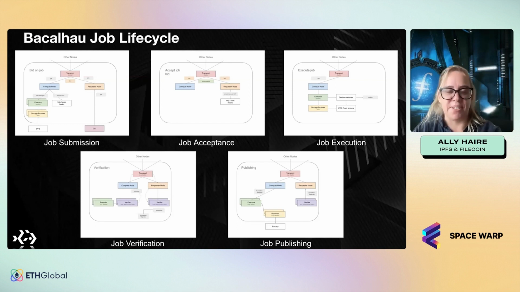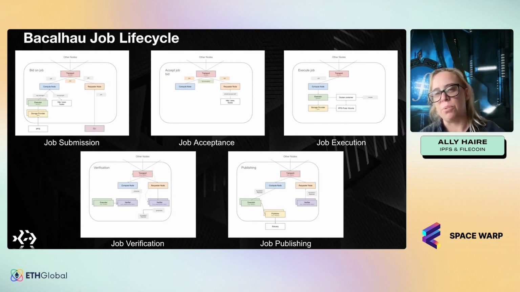Depending on these flags, the requester node accepts one or more matching job bids, and the accepted bids are then executed by the relevant compute nodes using the storage providers that executor node has mapped in, for example, the Docker executor and IPFS storage volumes. So it's a really flexible way of doing compute over data. So once the job is complete, a verification will be generated, which, if accepted, leads to the raw results folder being published to the compute node.